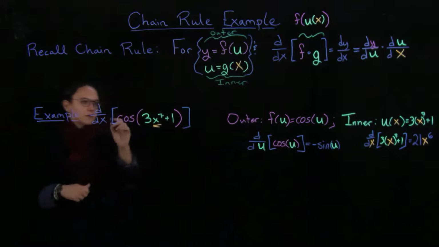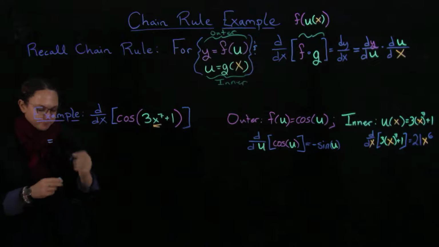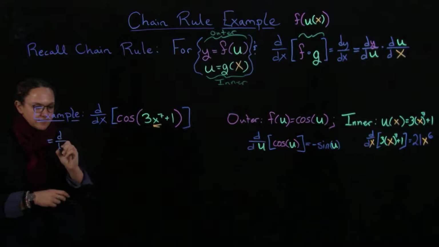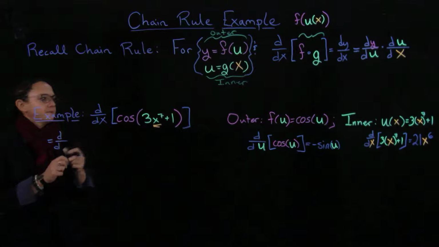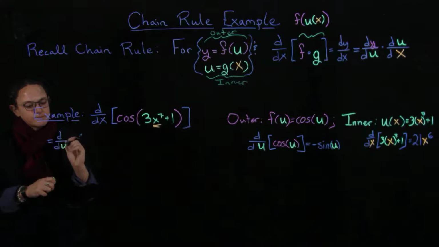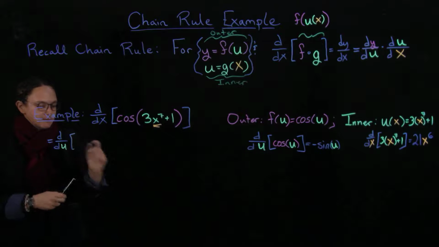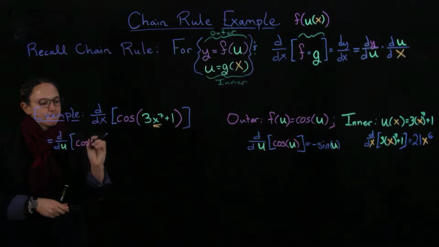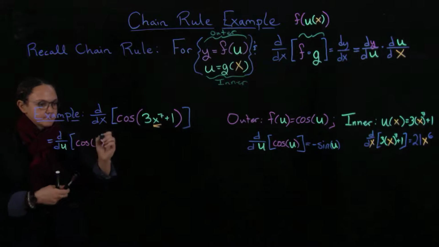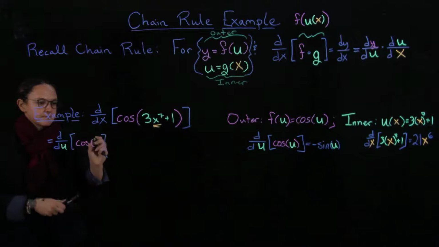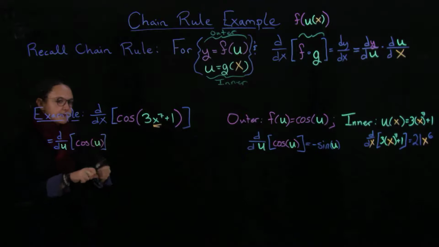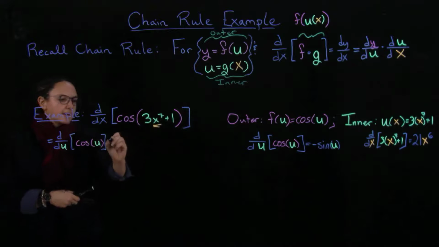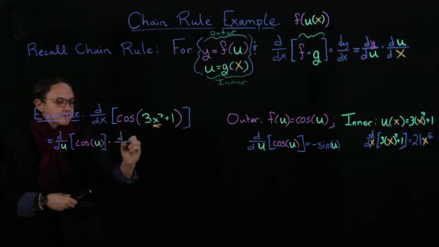So this is going to equal over here. So I'm taking the derivative with respect to u of, and then I have my cosine of u. And then I need to multiply that by the derivative with respect to x.